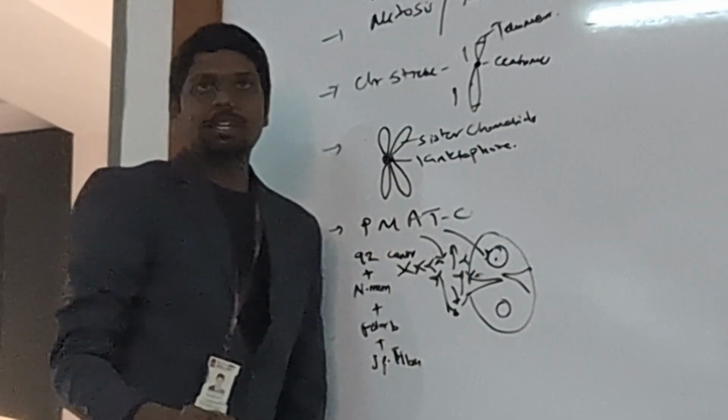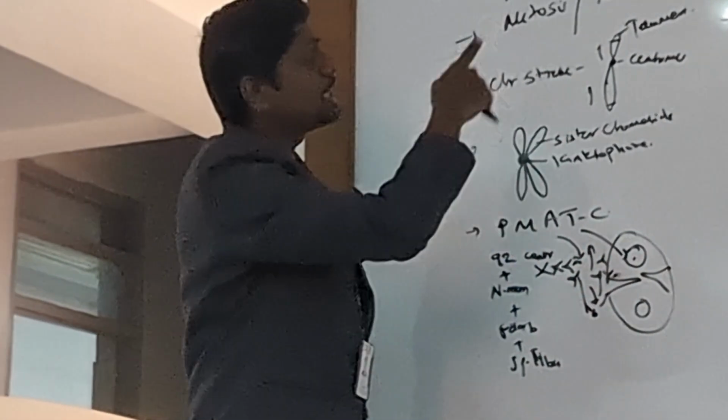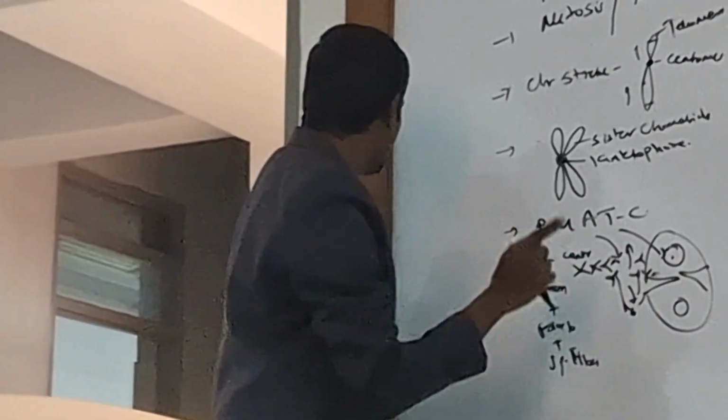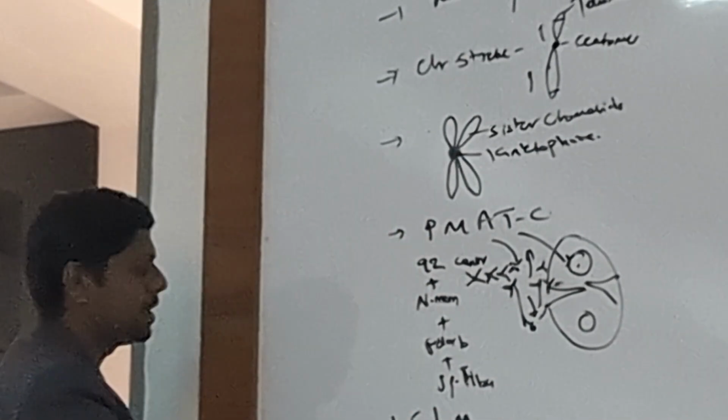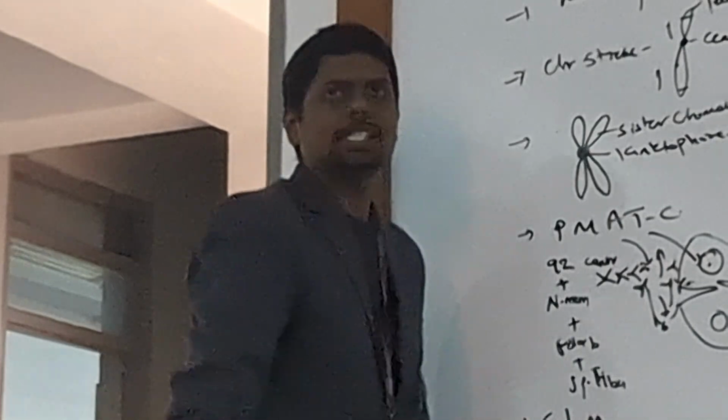This is in a nutshell. And we discussed the cell cycle also. The cell cycle has G phase and M phase. In the G phase, we have 3 phases: G1, the S phase, and G2 phase. Then here we have mitosis and meiosis. So this is what we discussed.